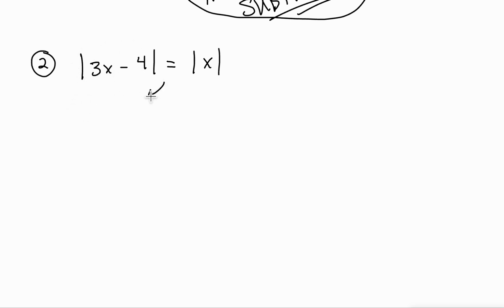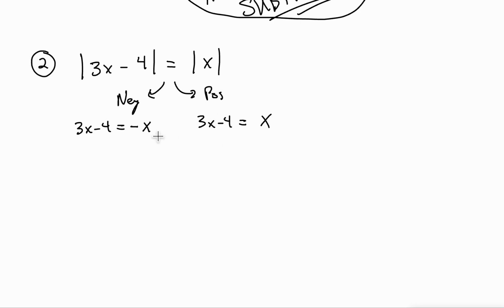So now we just need a -1 and a +1, for the solutions for a positive and a negative. So 3x minus 4 is the same on both sides for both of them. And our x this time is the opposite, meaning negative, and the opposite of a positive is negative, and a positive of a positive is positive.